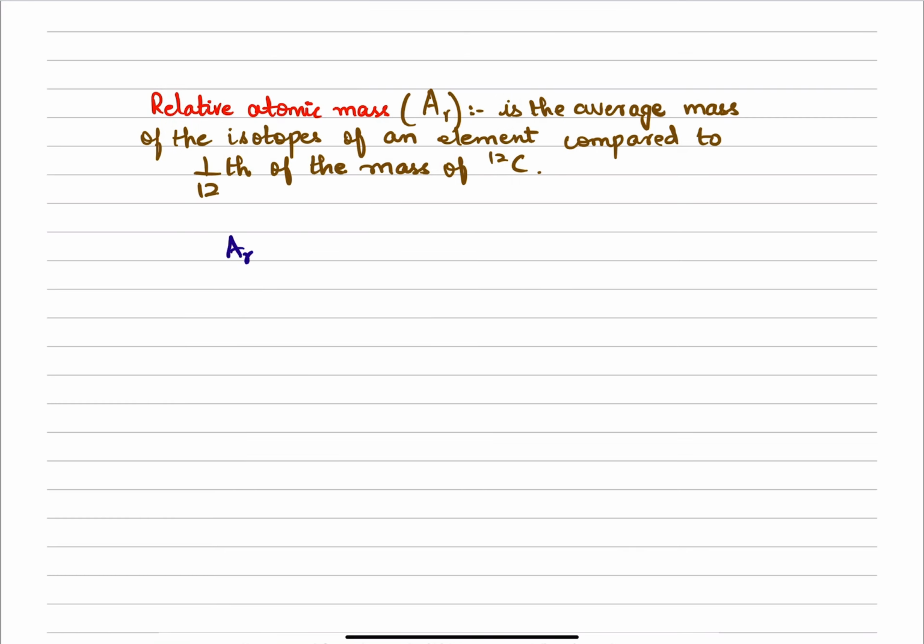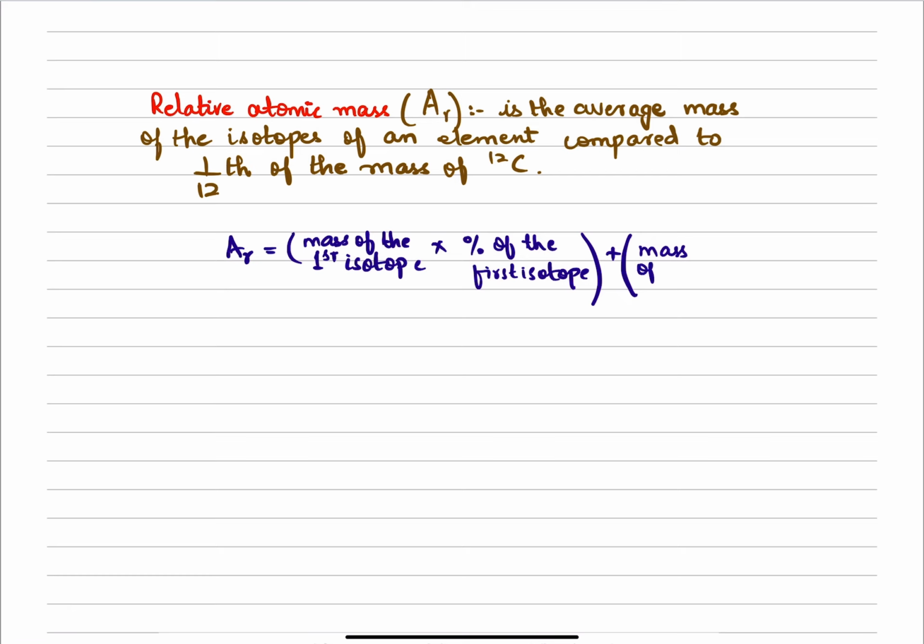If you want to calculate the relative atomic mass of any element, you have to take the mass of the first isotope and multiply it by the percentage of the first isotope, plus the mass of the second isotope multiplied by the percentage of the second isotope, and so on and so forth.